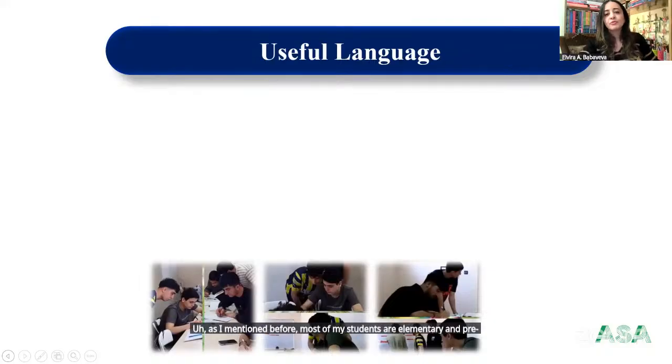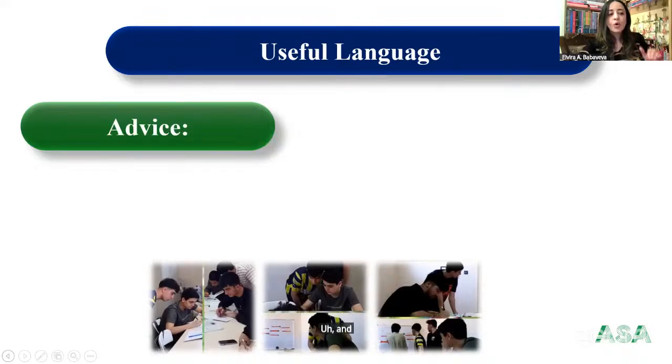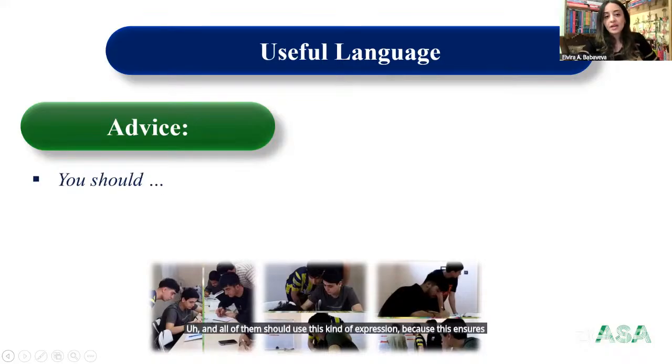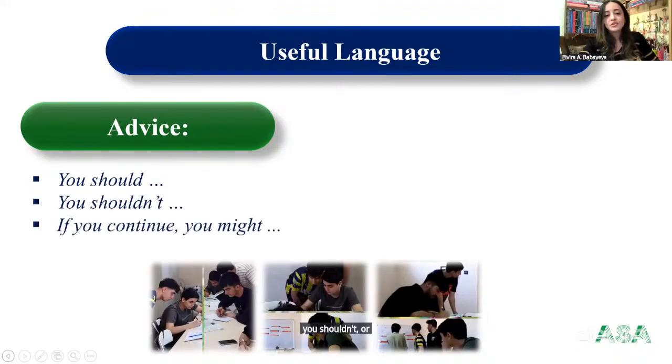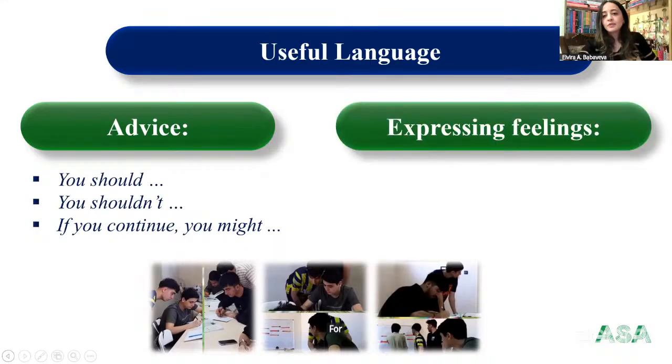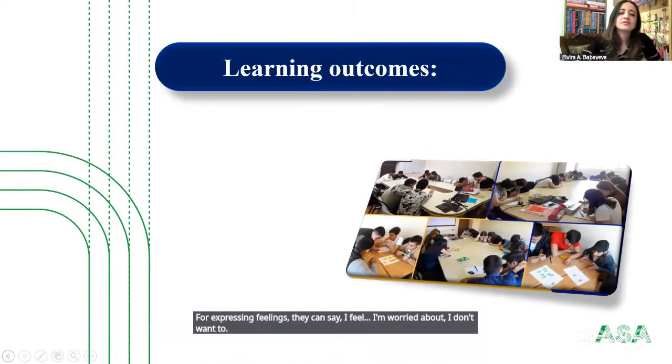I try to provide them with useful language support, and all of them should use these kinds of expressions because this ensures inclusion in my classroom. For example, for giving advice, they can say you should, you shouldn't, or if you continue, you might. For expressing feelings, they can say I feel, I'm worried about, I don't want to, and so on.